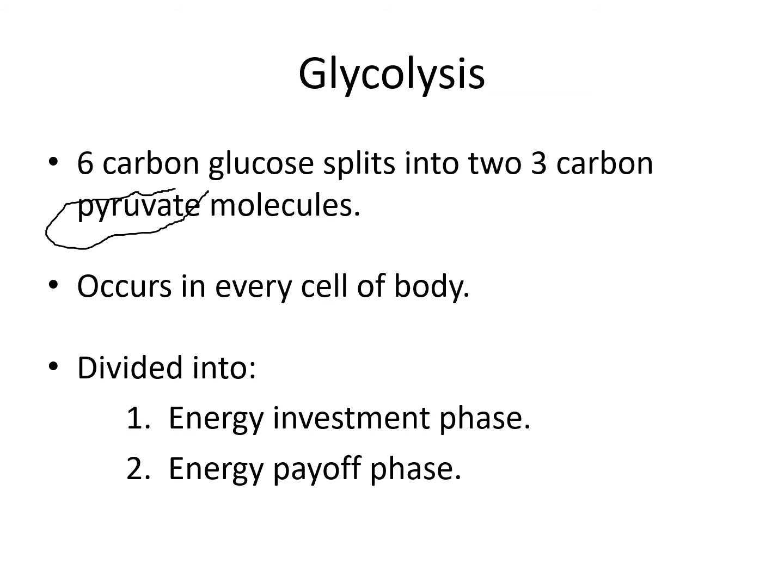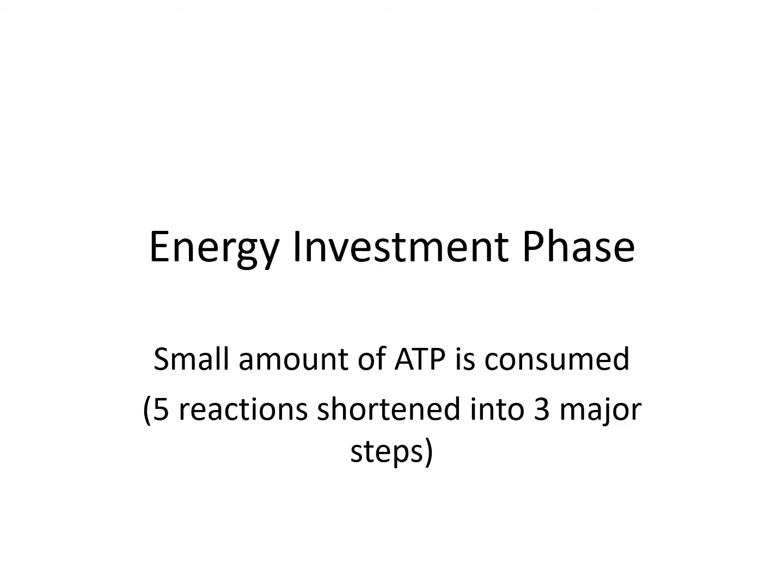It's divided into two portions. Glycolysis is divided into an energy investment phase and an energy payoff phase. What this means is that first we're going to have to put energy into the system in the form of ATP, and in the second half we're going to produce ATP.